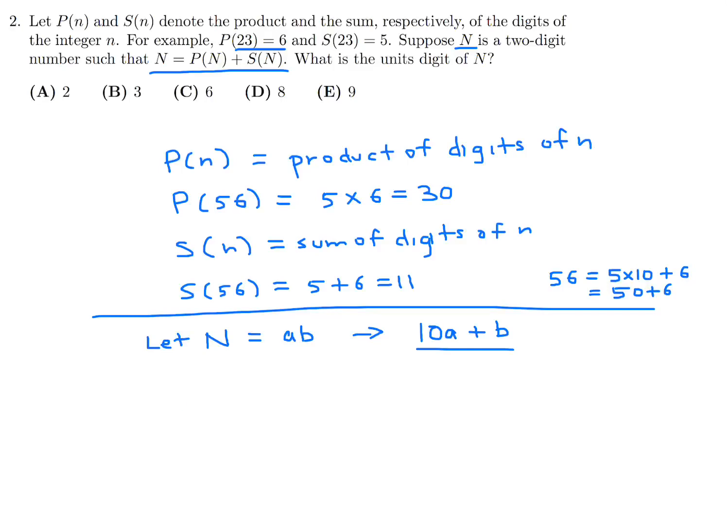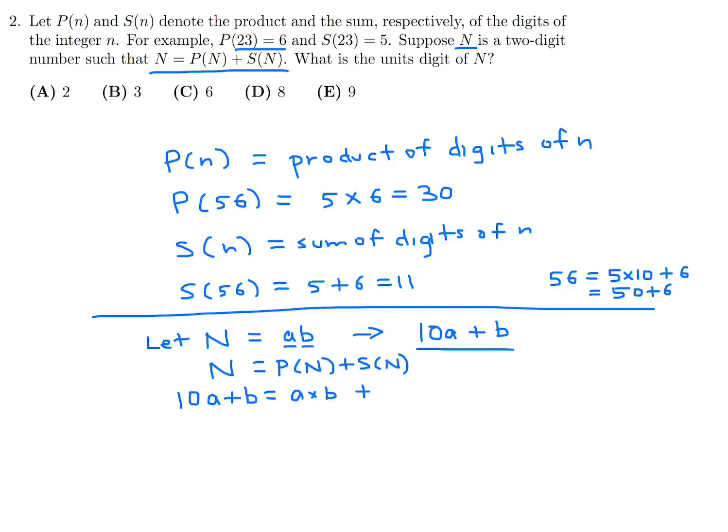And then they're saying that 10a plus b, which is n, is equal to Pn plus Sn. So n is 10a plus b according to the letters I've chosen, and then Pn is the product, right? So if a and b are the two digits, it would be a times b. And Sn, if you remember, is the sum of the digits of n.